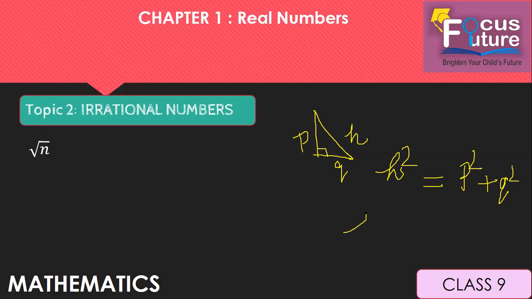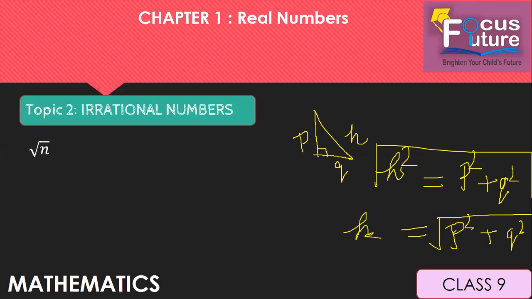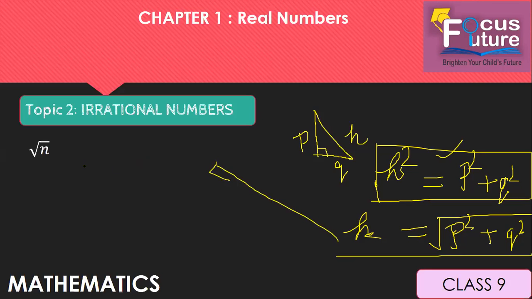So the hypotenuse would be the square root of perpendicular square plus base square. And this is our Pythagoras theorem. I hope you have already studied this in your 8th class, right? So the same applies to root 17.